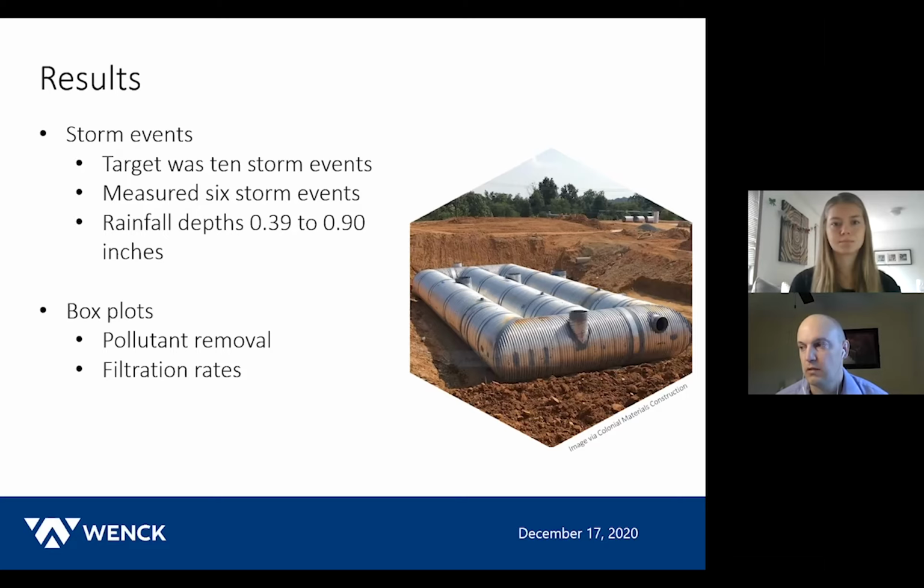You see, we got a pretty decent spread there, along with 1 0.9-inch event, which again, I don't know the rationale behind the design for many of these sites, but my guess is that 0.9 inches is probably pretty close to what the design goal was for treating that depth of rainfall within these sites. Our results will be presented in box plots for both pollutant removal and the filtration rates.